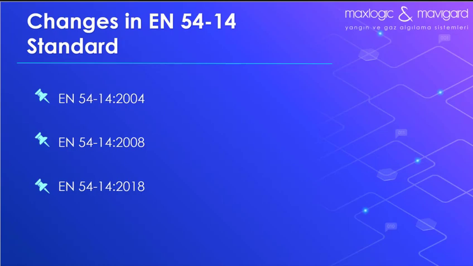EN 54-14 Planning, Design, Installation, Commissioning, Use and Maintenance Manual is published by the European Standardization Committee TC 72 Technical Committee in order to gather the related designs under a certain standard. This standard has changed in 2004, 2008 and 2018.